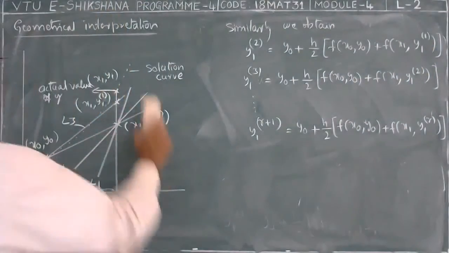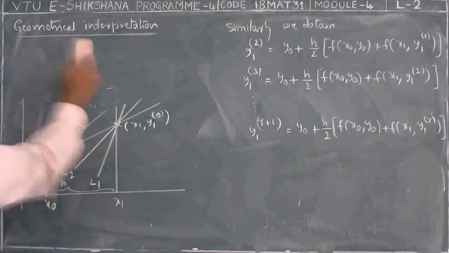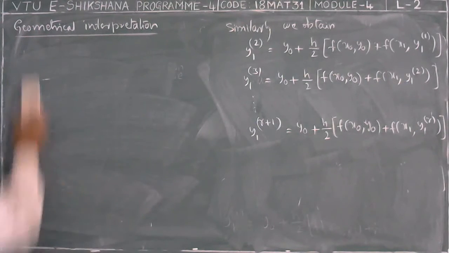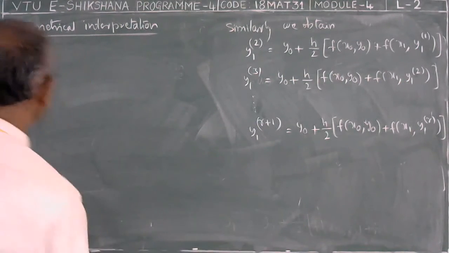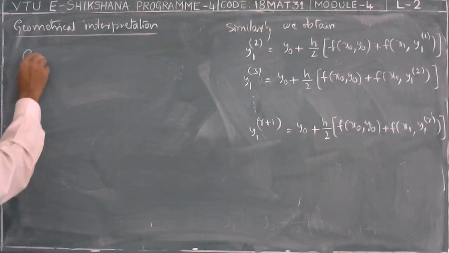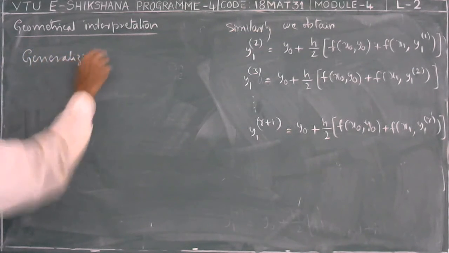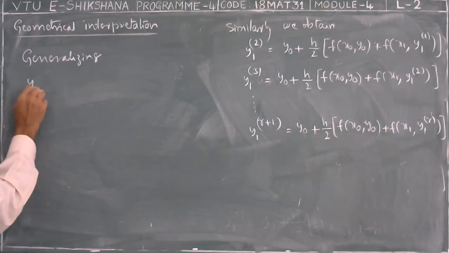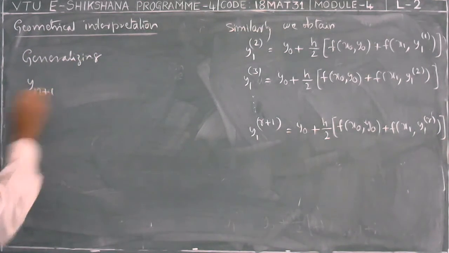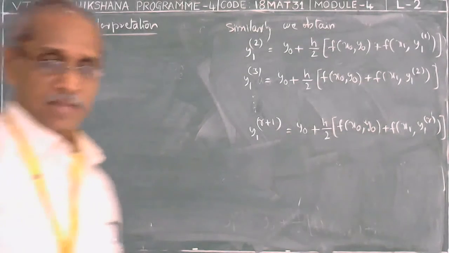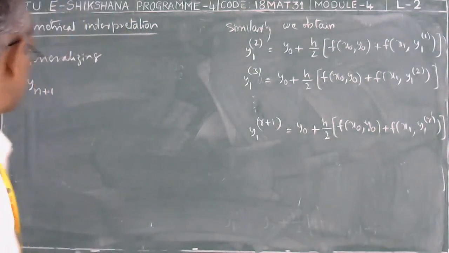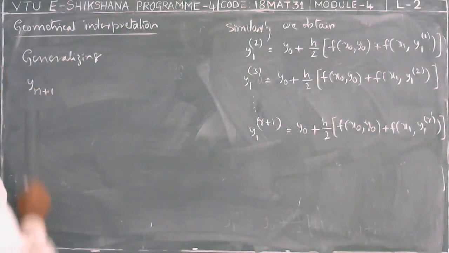Generalizing, we can write this for different values y0, y1, y2, y3, etc., for n is equal to 0, 1, 2, 3.